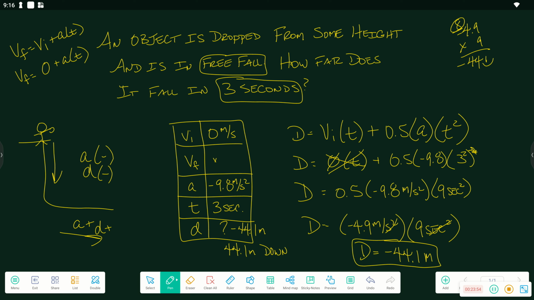And the final velocity is negative 9.8 times 3. So the final velocity is going to be a negative 9.8 times 3, 24, 27, 29.4 meters per second, and it's going to be in a negative direction. Why? Because it's going down. So it's a negative 29.4 meters per second.